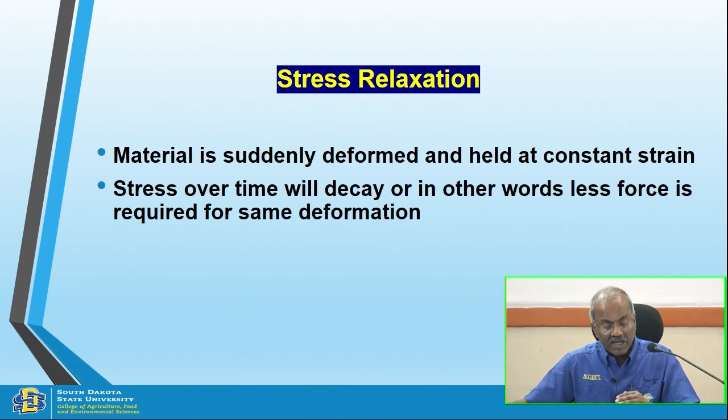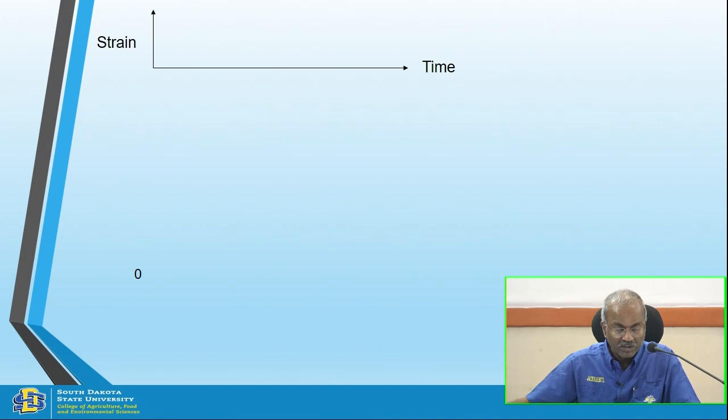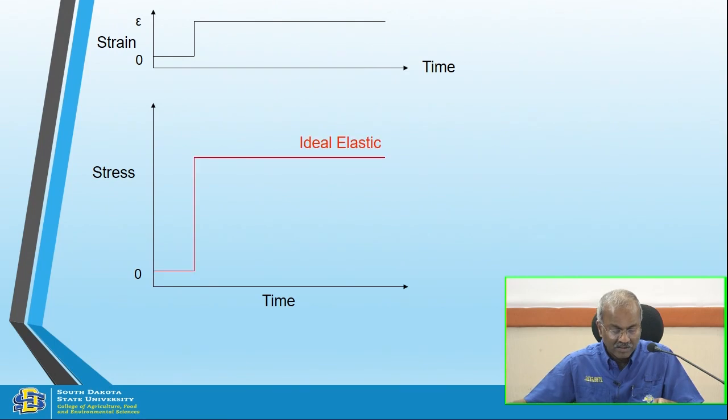Stress relaxation, on the other hand, the material is suddenly deformed. You deform it and you hold constant strain, then you monitor the stress decay. Stress over time will decay, less force required for the same deformation. So in this case, you apply constant strain, then you monitor the stress. If it is ideal elastic, stress is also constant because stress is proportional to strain. Whatever strain you apply, the corresponding stress you will get. So ideal elastic is constant stress.